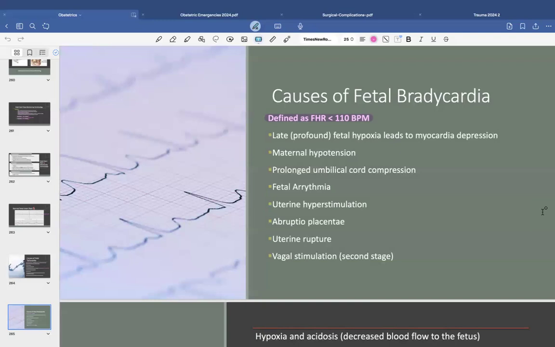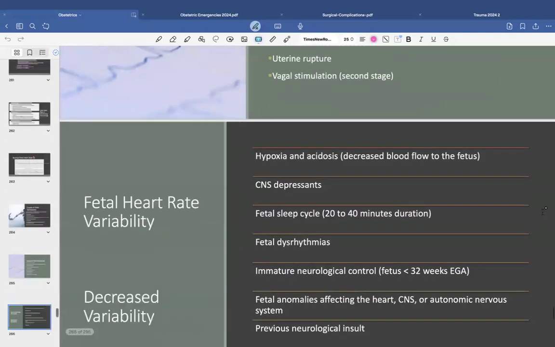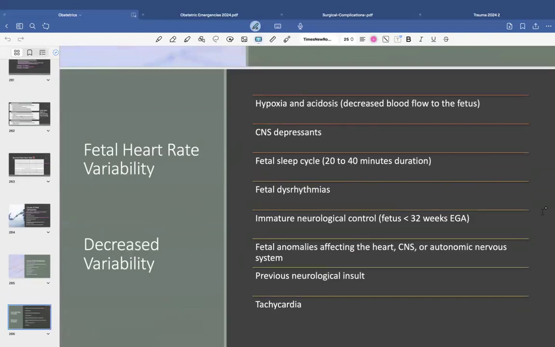Some of those causes are CNS depressants, hypoxia and acidosis, immature neurological control, fetal anomalies, previous neurologic insult. So various different things can cause that. You just need to know that decreased variability is not favorable. I expect you to know those specific causes.